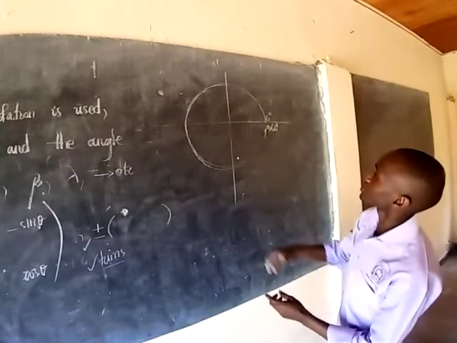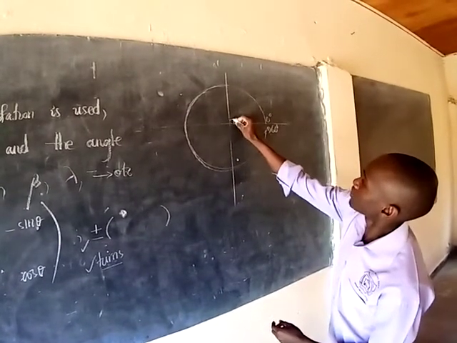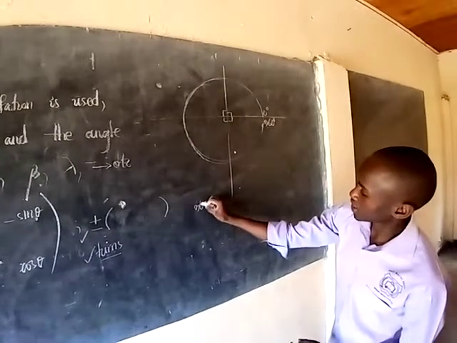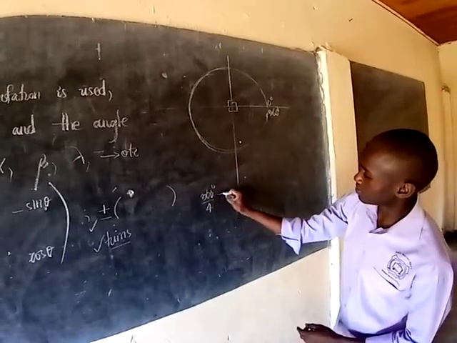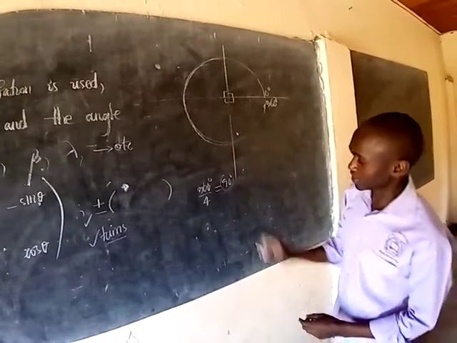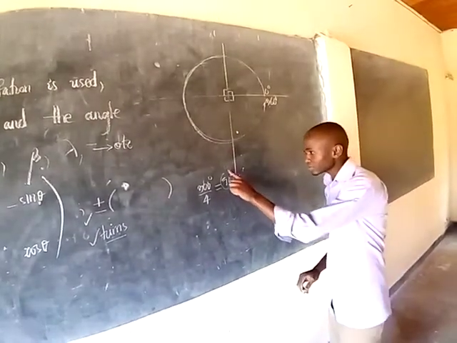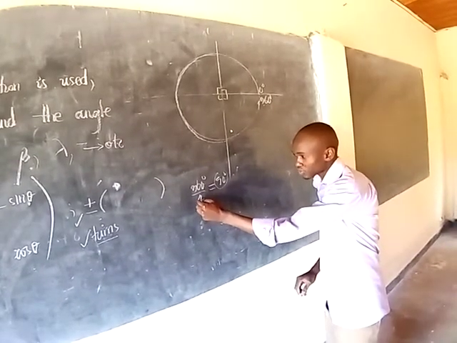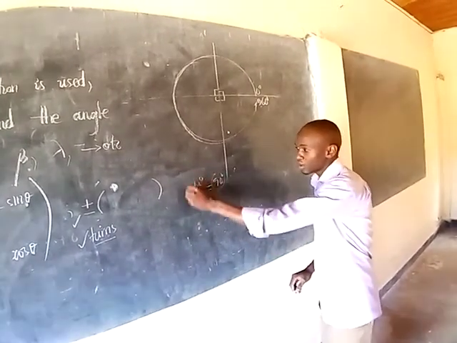For example, when you look at the 4 quadrants that make up a circle, there are 4. So 360 degrees divided by 4 gives us 90. Meaning 90 degrees, candidates, is a turn, which is a fraction. The fraction is a quarter of 360.